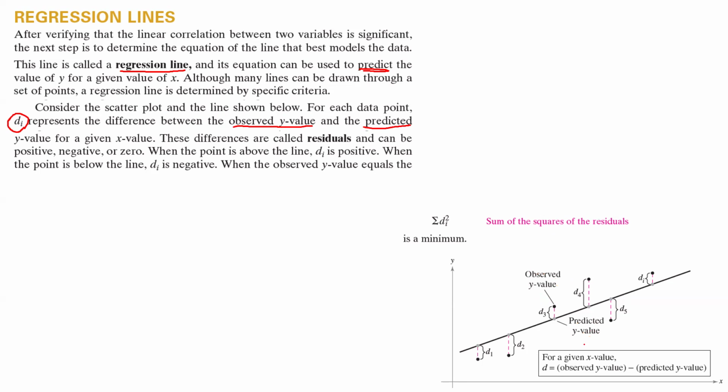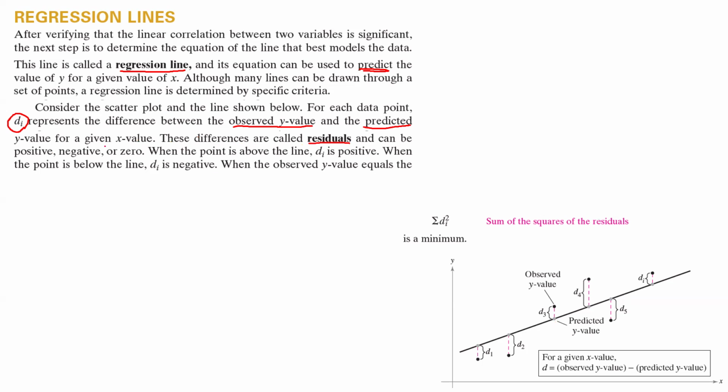The predicted y value is the value coming from the line itself. So as you can see, there is a difference between the observed value and predicted value. They are not necessarily the same. These differences are called the residuals. Our job as statisticians is to minimize the sum of the squared residuals.